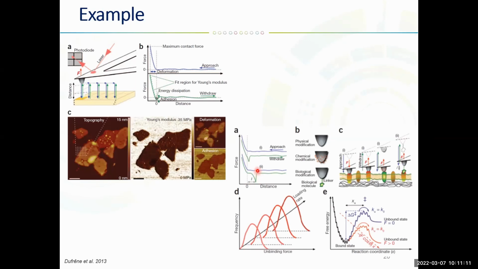Upon withdrawal, the linker is stretched, and the bond formed between the chemical group on the tip and the biological sample is highly stressed until it ruptures. The rupture force peak occurs at a distance corresponding to the length of the linker, L. That's what this shift tells you.